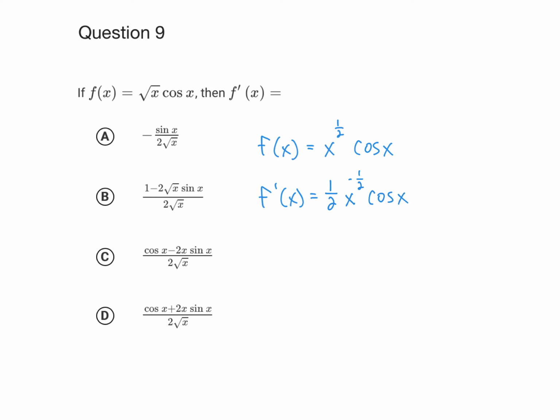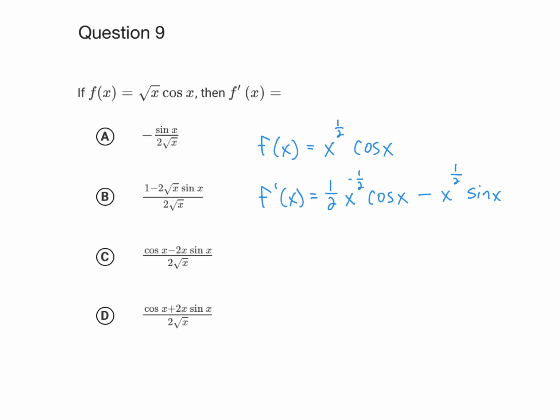Just rewrite cosine. And then the derivative of cosine is a negative sine, so really this is going to be a minus. And then we rewrite x to the 1/2.